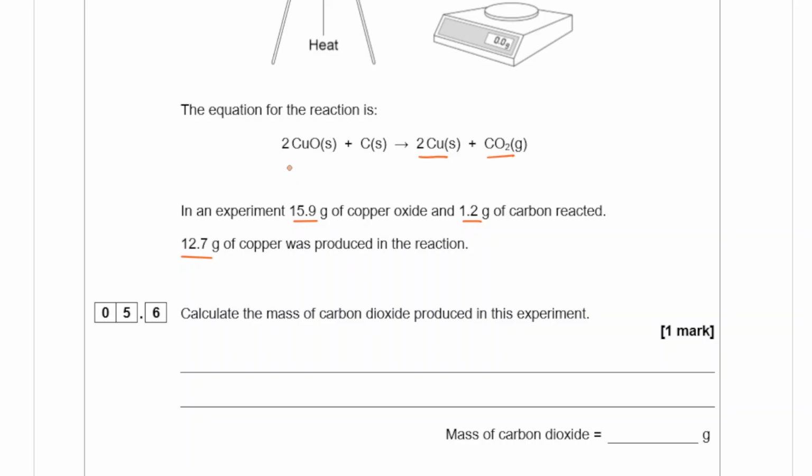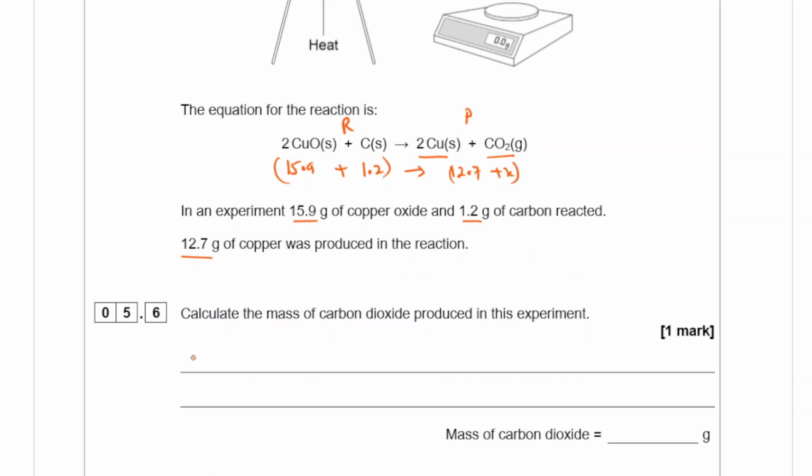So which means you're reacting 15.9 plus 1.2. This should add up to the total 12.7 plus X, let's say carbon dioxide. These are the reactants and these are the products.